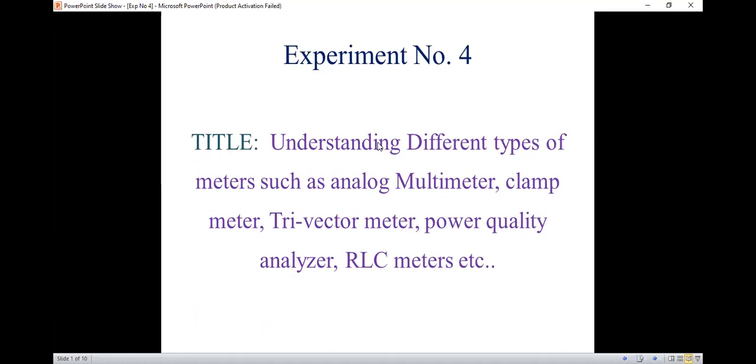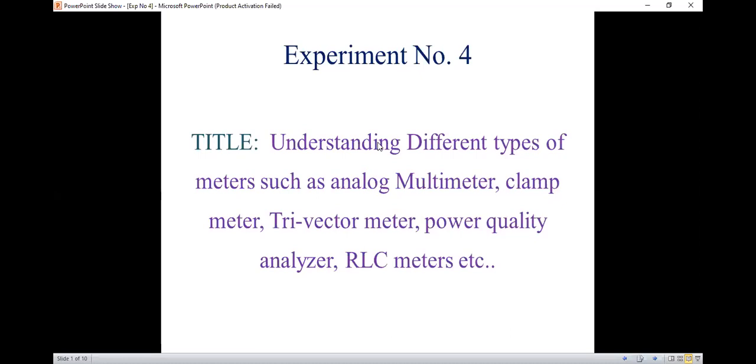These are the different types of meter we want to understand today, their working and their diagram or picture. Analog meters for measurement of voltage, current, and power. Then clamp meter, what is meant by clamp meter and what is its function. Then tri-vector meter, power quality analyzer, and RLC meter.